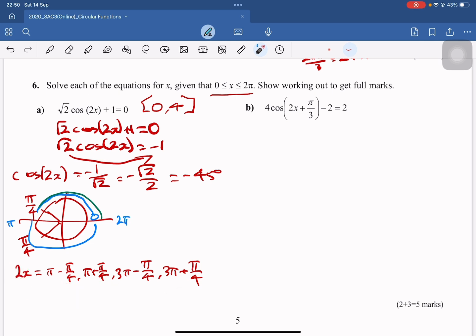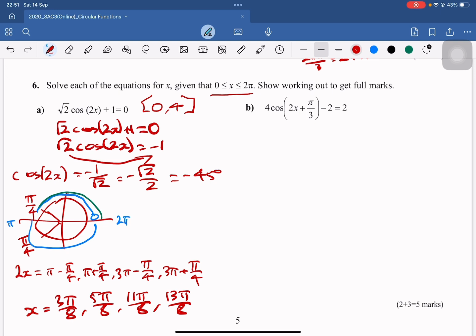So for example, if you were to divide pi on 4 by 2, it would just become pi on 8. So the final answers you get for x equals 3 pi over 8. I'm skipping a step. 5 pi over 8. 11 pi over 8. And 13 pi over 8. Remember, we're not going over the domain still. We haven't gone over the domain.